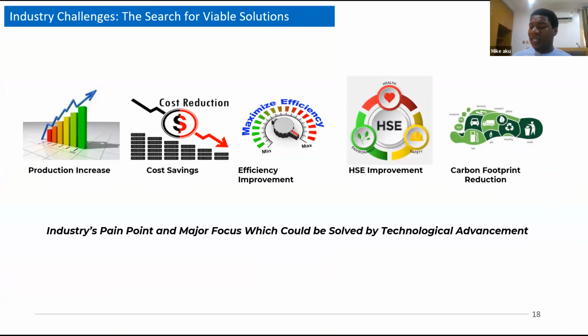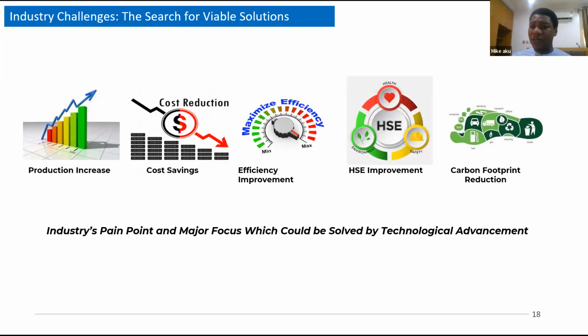The major focus of the industry has always been around these 5 elements: increase production, save cost, improve efficiency, improve safety, and carbon footprint reduction. These are a major pain point which is stretched across every industry. If you pick any industry and you superimpose their objectives onto these 5 items on the screen, you're going to see that what you have there is something they are ideating on, or something they are thinking of working with. So this is their objective.